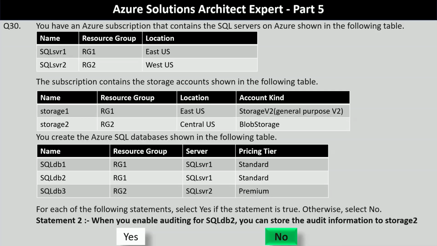This is incorrect and not possible, folks. Let's look at third statement. When you enable auditing for SQL DB3, you can store the audit information to storage 2. This is also an incorrect statement. You cannot store SQL DB3 audit information to storage 2.